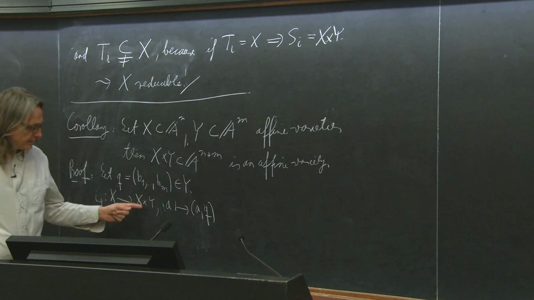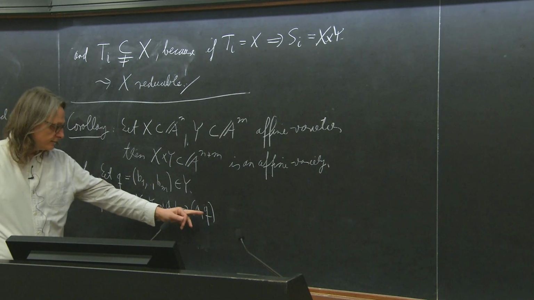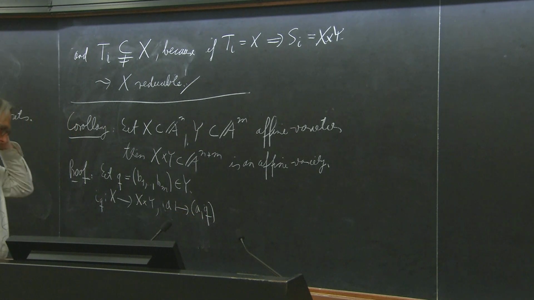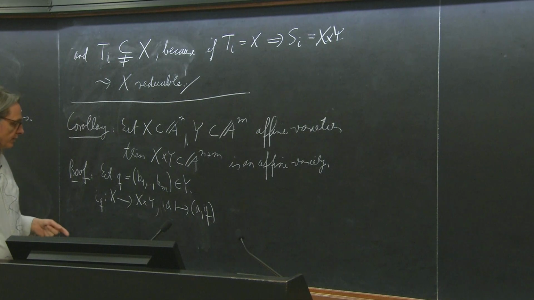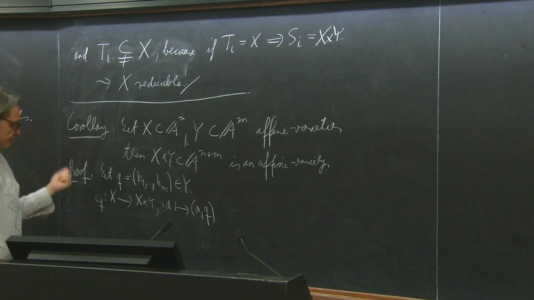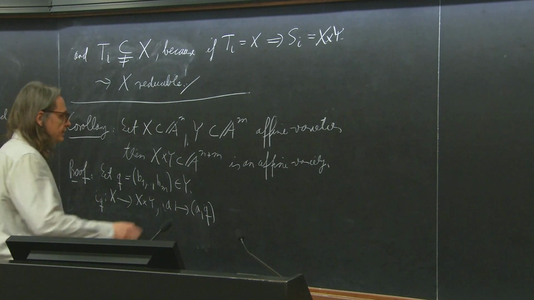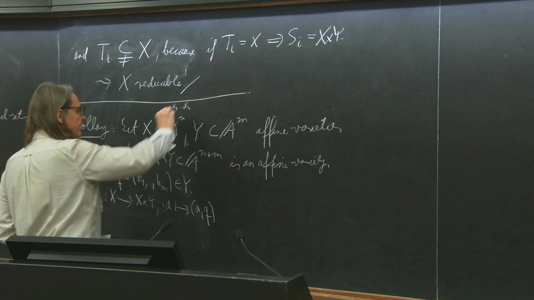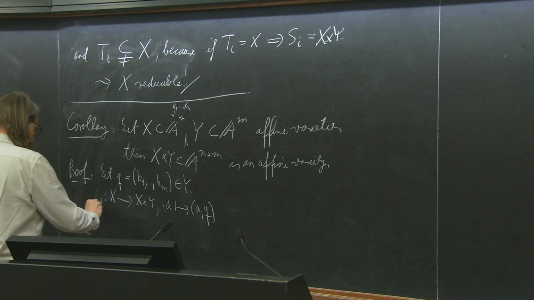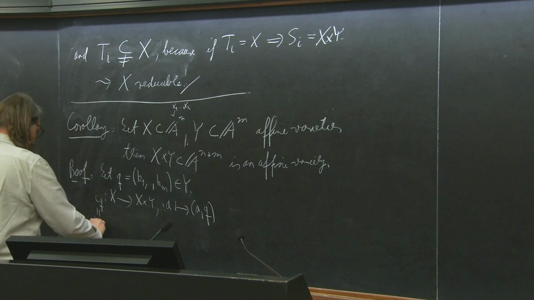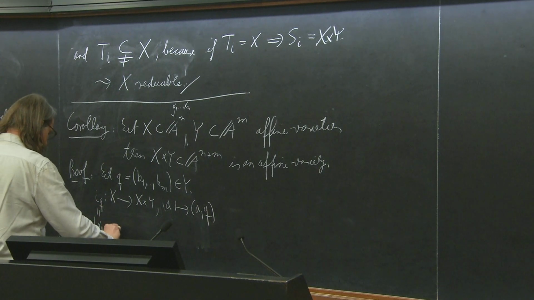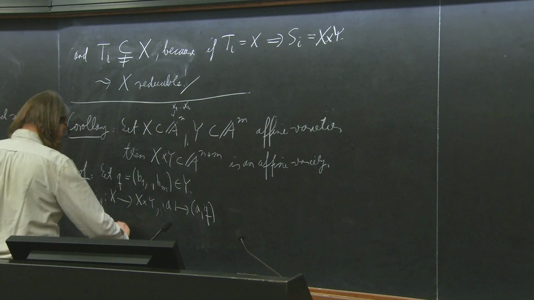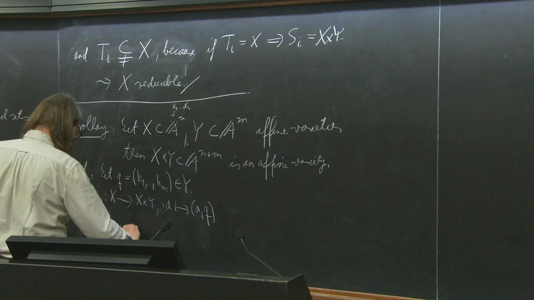The first coordinates are sent to themselves, and here we just put the coordinates of Q. So if I put here the coordinates to be x1 to xn, then IQ is given by x1 to xn, and the last coordinates are b1 to bm.